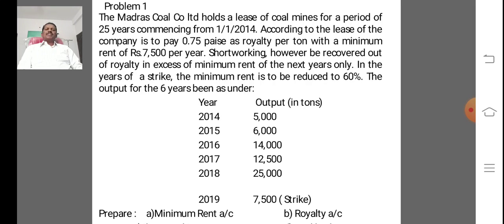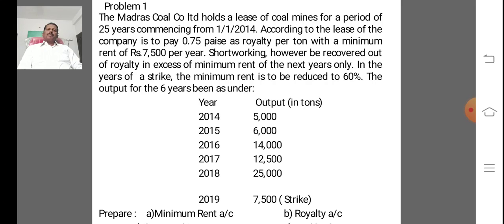The output for the 6 years, 2014, 15, 16, 17, 18, 19, in tons is 5,000, 6,000, 14,000, 12,500, 25,000, and in 2019, 7,500 due to strike.